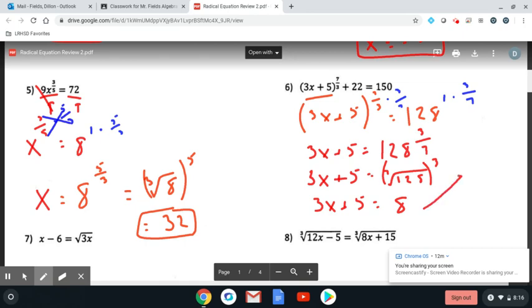I'm just going to draw a little arrow. I'm kind of running out of room. All right, so now that you're here, this is when you want to go through and solve this like you normally would. So let's subtract 5 on both sides and get 3x is equal to 3. And then divide by 3 and get x is equal to 1. And that one would be your final answer.